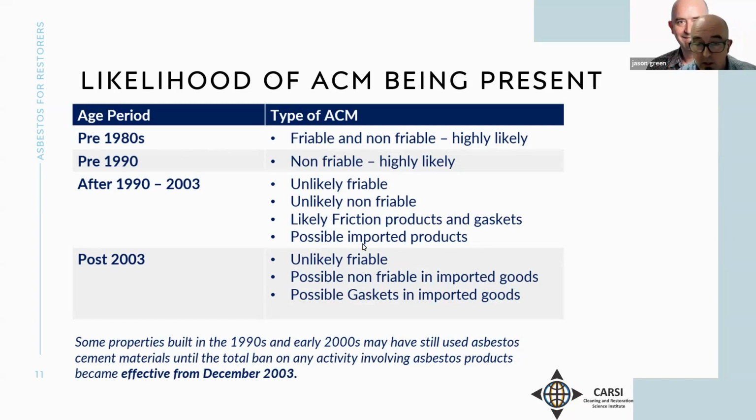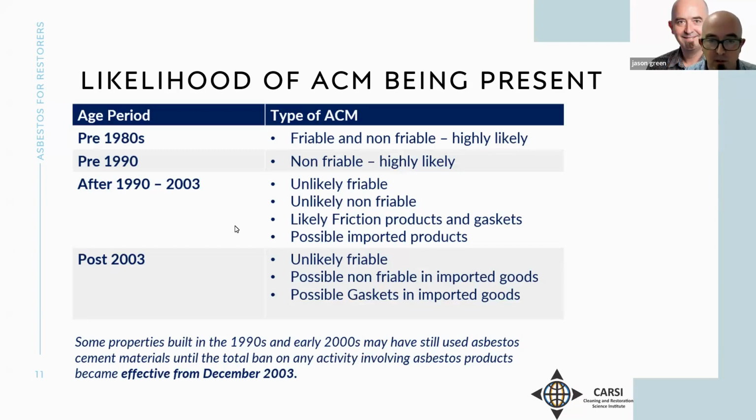But a big issue with asbestos is imported products, and so we're unfortunately still occasionally getting imported products which are coming through customs and getting past the checks there, and then getting into our supply chain, essentially gaskets, flooring, ceramic tiles.